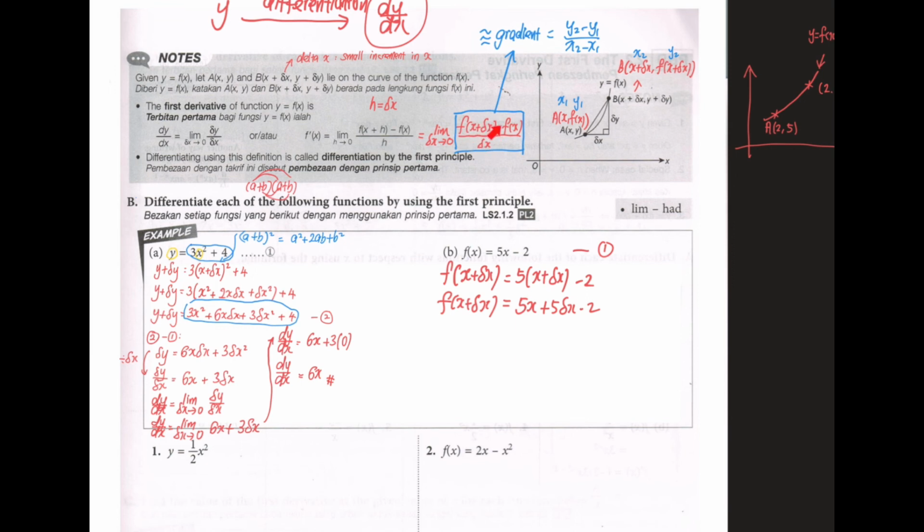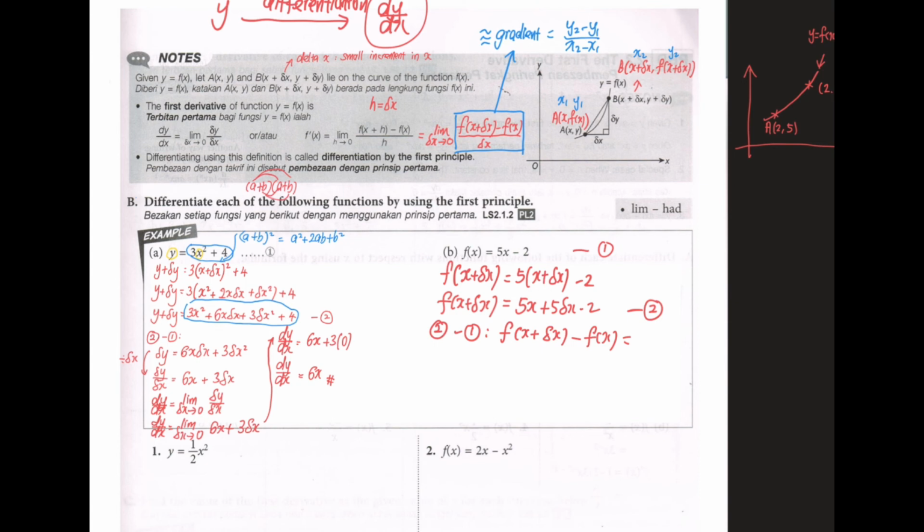In order to get this form, you see what we do just now? We minus equation 1 from this equation 2. When you do 2 minus 1, what happens is fx plus delta x minus fx. This is what happens on the left.